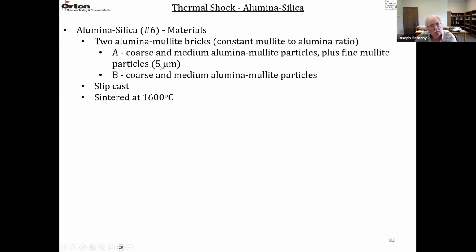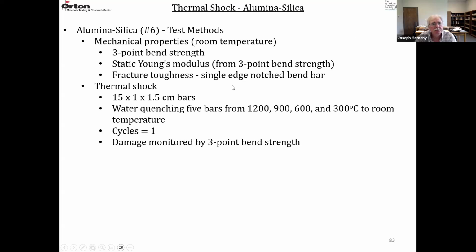These fine mullite particles were on the order of 5 microns. Brick B had coarse and medium alumina mullite particles, so no fine mullite particles were added to this one. These were slip cast and sintered at about 1600 degrees C.